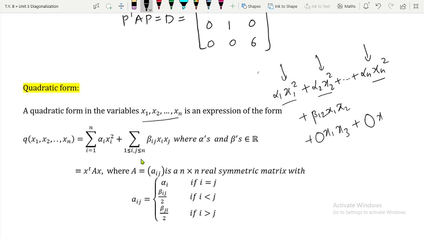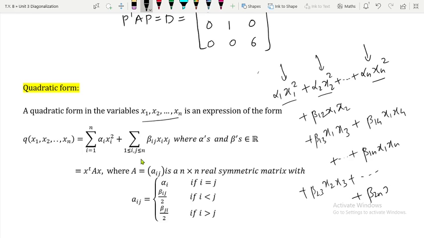Plus some coefficient, beta 1 3 x1 x3, then beta 1 4 x1 x4, continued up to beta 1 n x1 xn. Now the same will be the case if you fix 2: beta 2 3 x2 x3 plus, continued up to beta 2 n x2 xn, and this continues again.